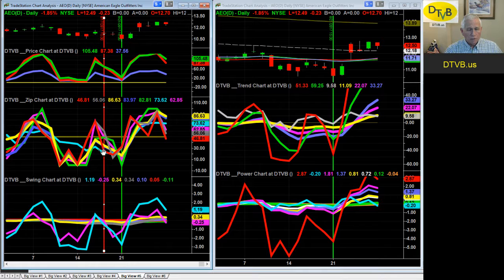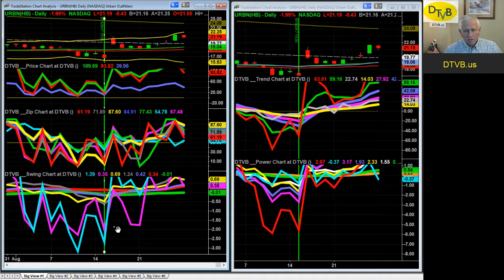Oftentimes we get Zip Red down and lowest as well. So that might be the classic Power 4 down, but in this case here we have the same thing. Trend Red is lowest and down, Power Red lowest and down, Swing Zion lowest and down, and Zip Red is almost lowest. You can see Zip Yellow is under it just by a little bit, but it is down as well.